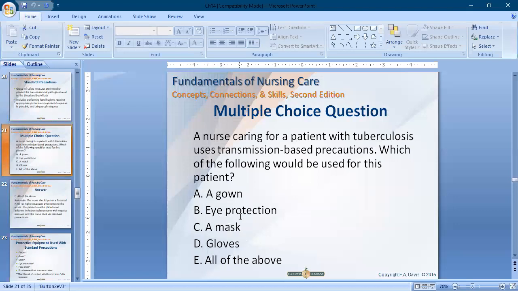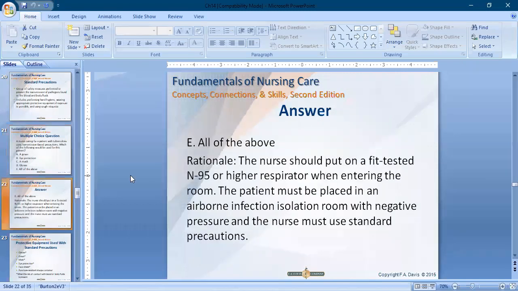All of the above you must wear because of the airborne precautions. Basically we have to wear an N95 particulate respirator mask. We need a negative pressure private room, right? So the answer is all of the above.